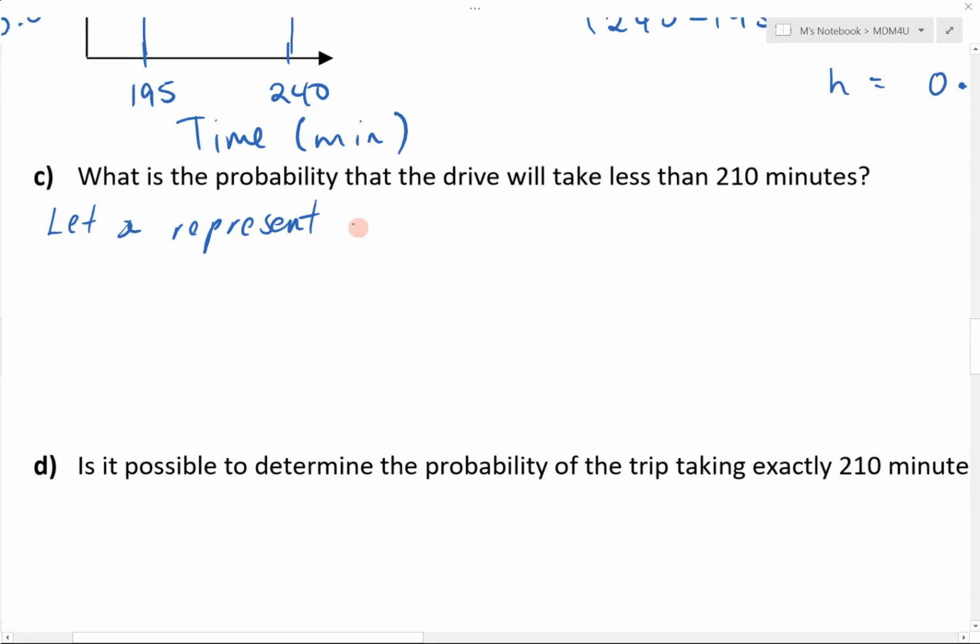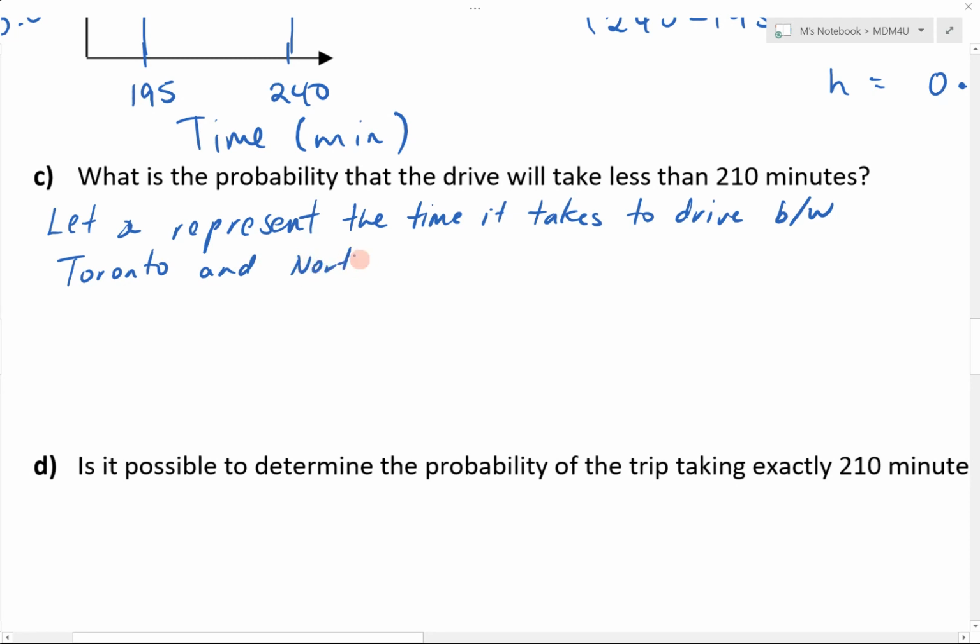Let x represent the time it takes to drive between Toronto and North Bay. Okay, so the probability that x will be less than 210 is going to be equal to the base times the height.